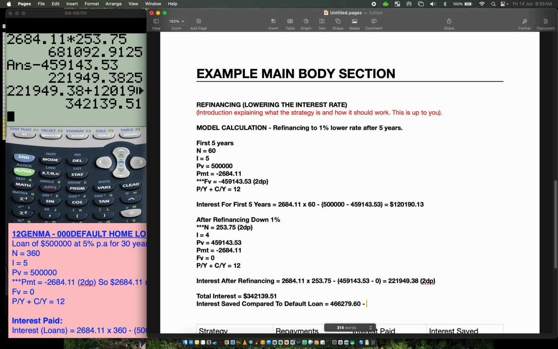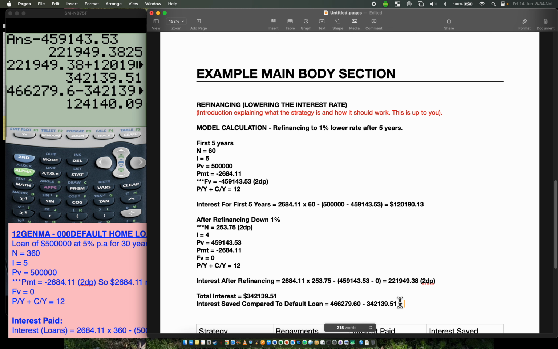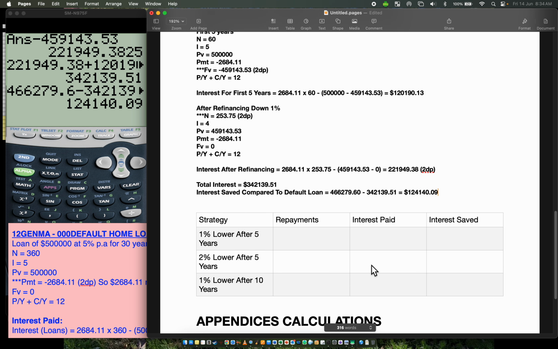Take away the interest I paid with the refinancing, $342,139.51, and that's $124,140.09 interest saved. So I can put that information now into this table, my summary table, like you did for shares.